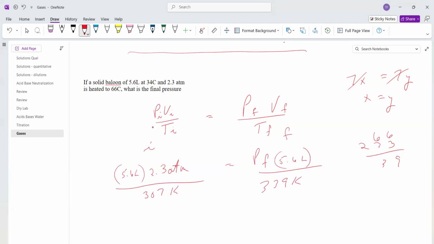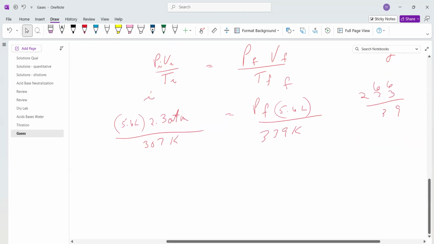Okay, so just offhand, what do you think the pressure is going to do? Stay the same? It's going to go up, because remember, pressure is directly proportional to temperature. So when you're all said and done, make sure your number is higher than what you started with, just to validate your answer.